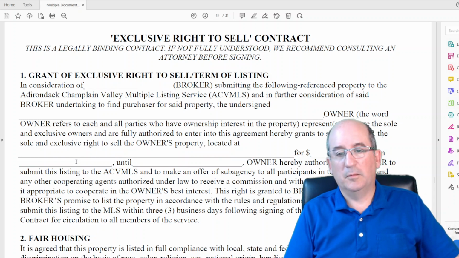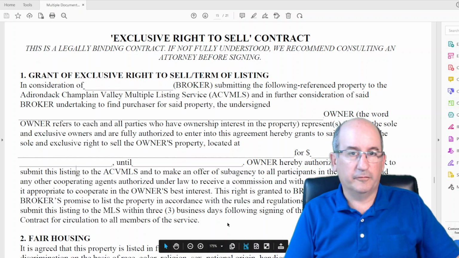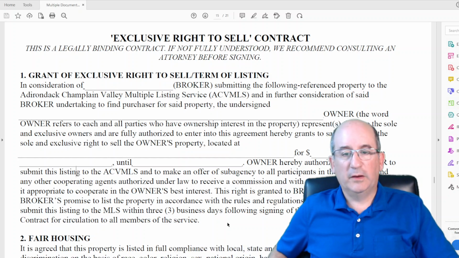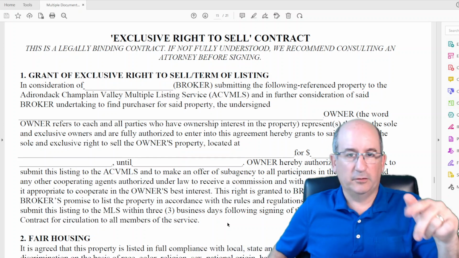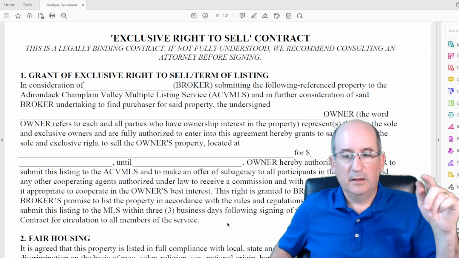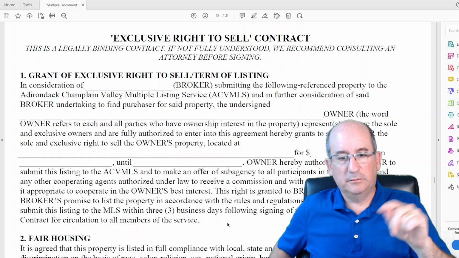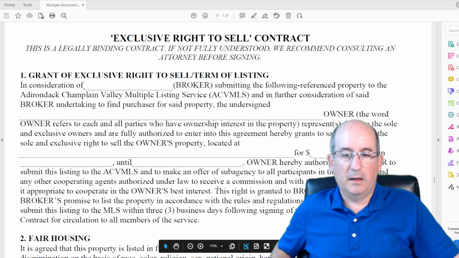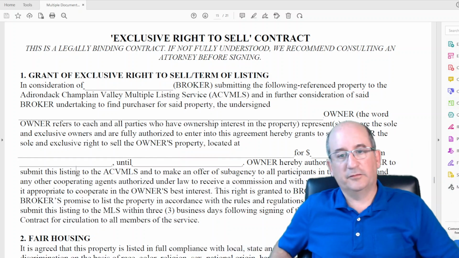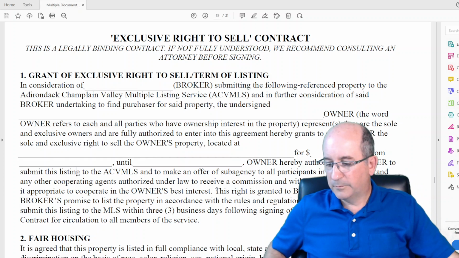Like I had a property where I was going to market it off market for 2 weeks before we listed, so I penciled in here somewhere in the MLS on such and such a date. I initialed, they initialed, and then it was good to go. So then I had the listing. It wasn't active in the MLS, but I was covered by the listing agreement because of the way that was done. Okay?